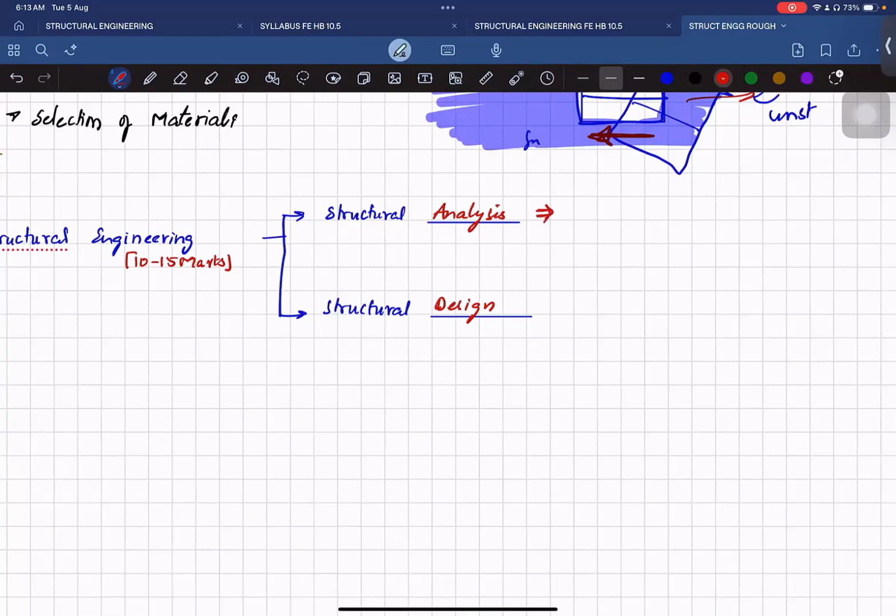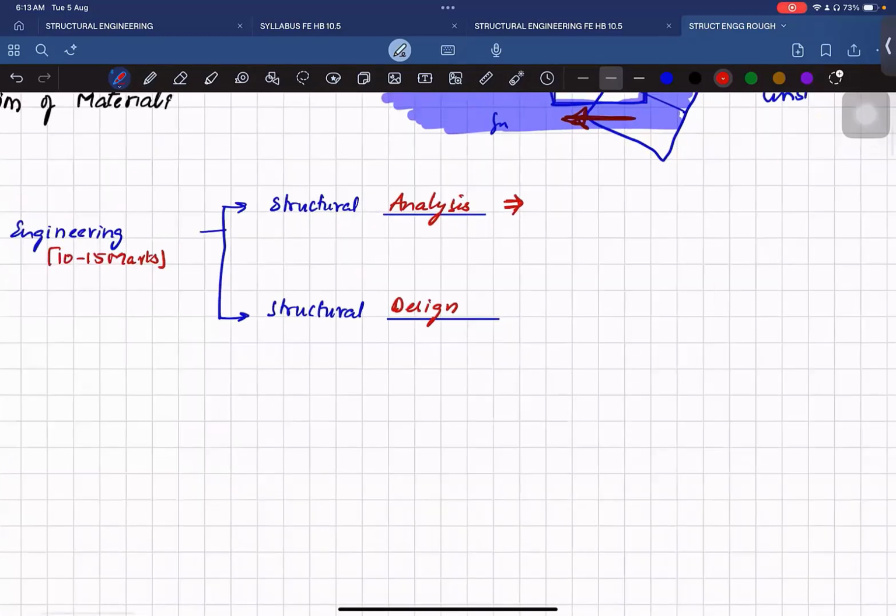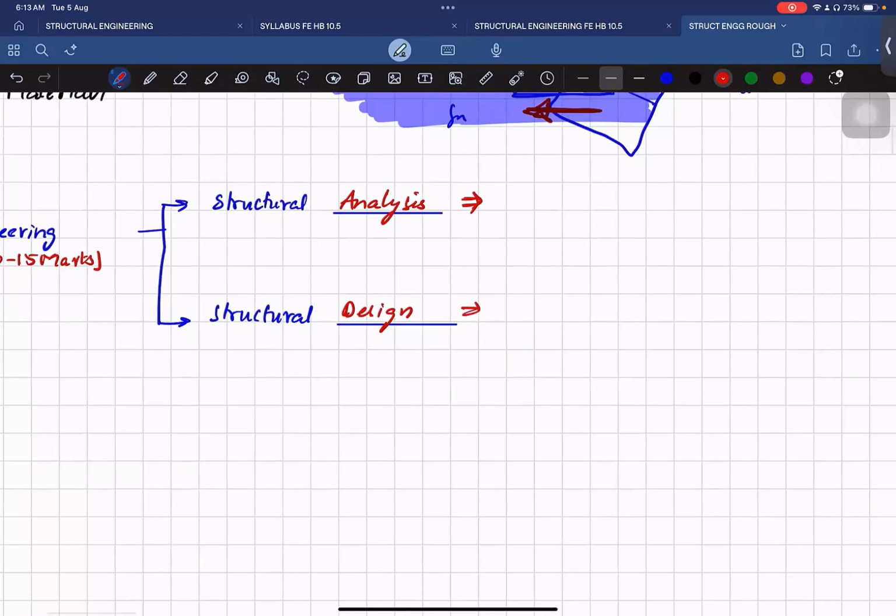In design, we provide the bars and the stirrups to give it strength. Analysis, I believe, would be understanding the movement of the structure. Design is developing the structure, how much load it could withstand.